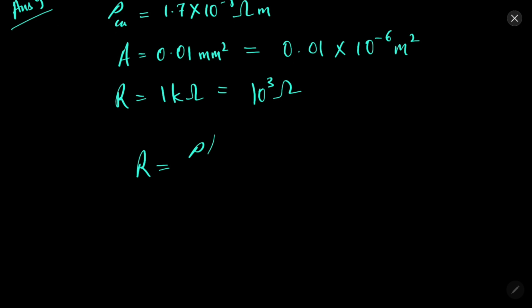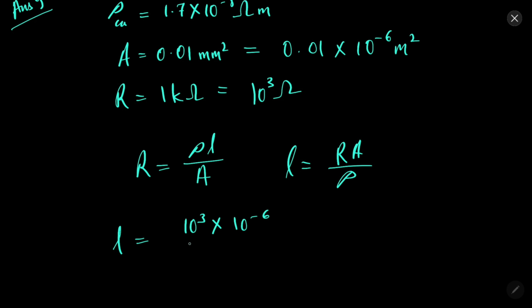We know that resistance is rho L by A. So L will be RA over rho. So L will be 10 to the power 3 into 10 to the power minus 6, area is how much?